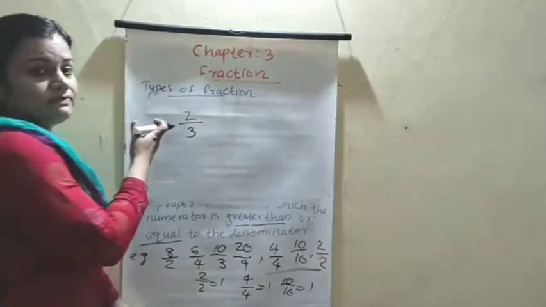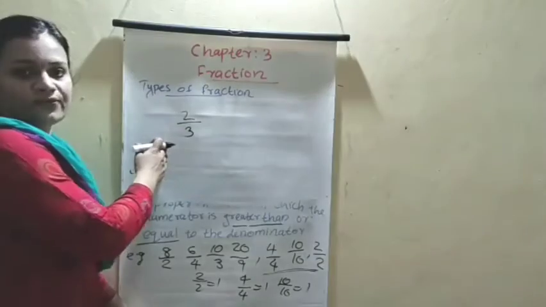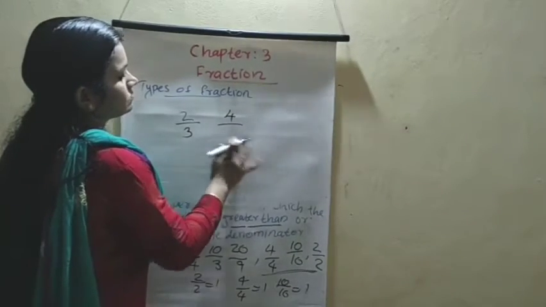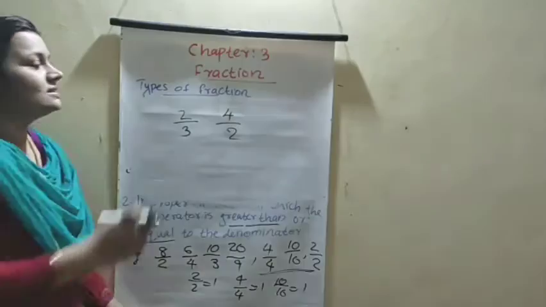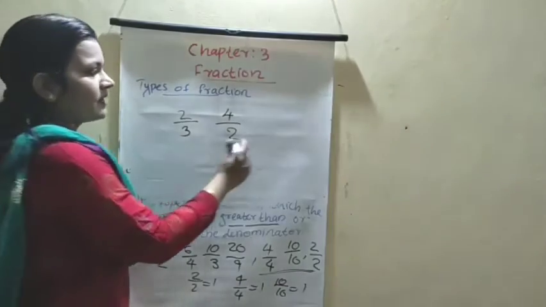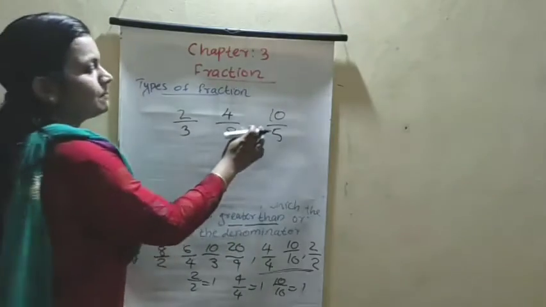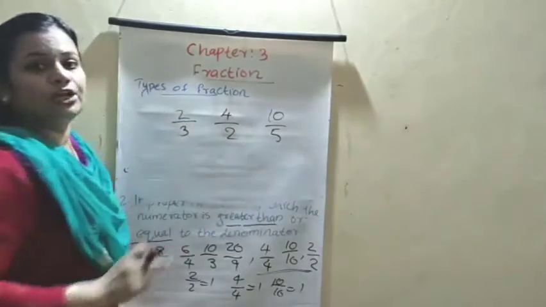This is which type of fraction? Yes, this is the proper fraction. What is 4 by 2? This is the improper fraction, because the numerator is greater than the denominator.